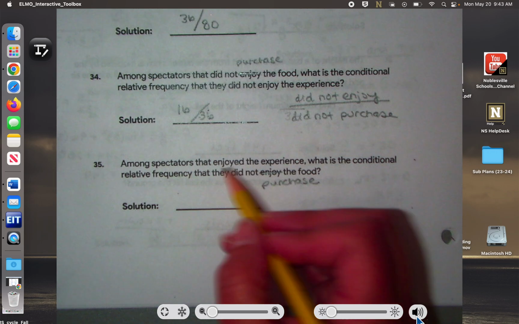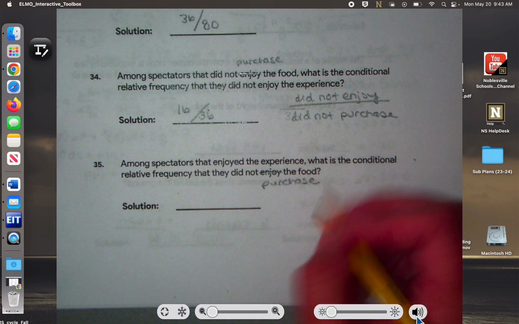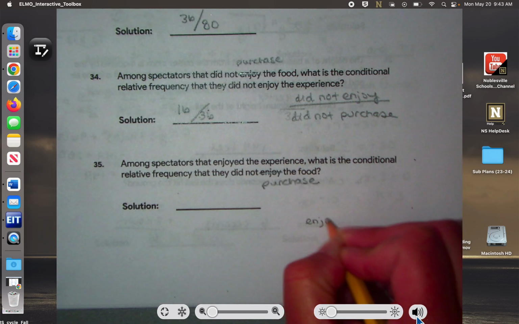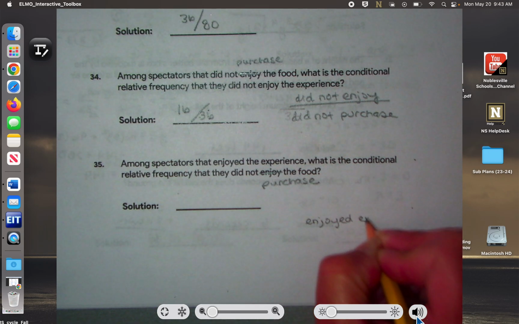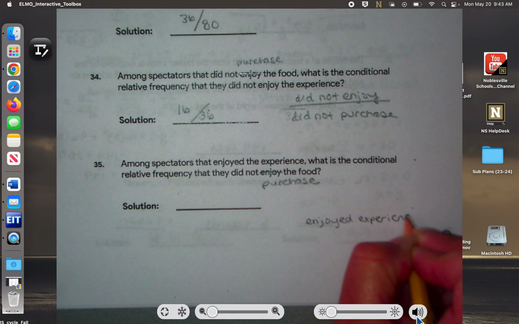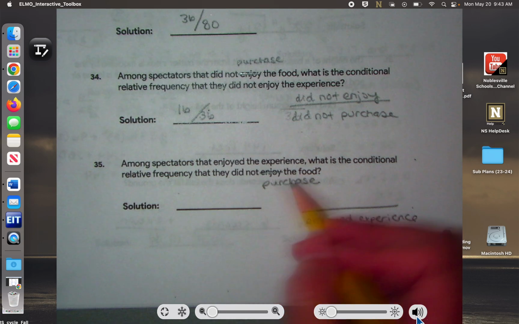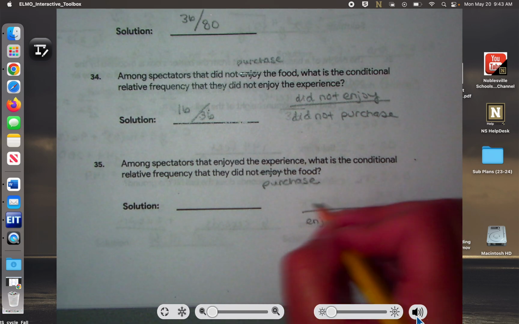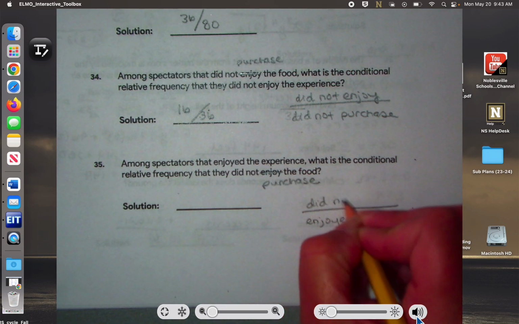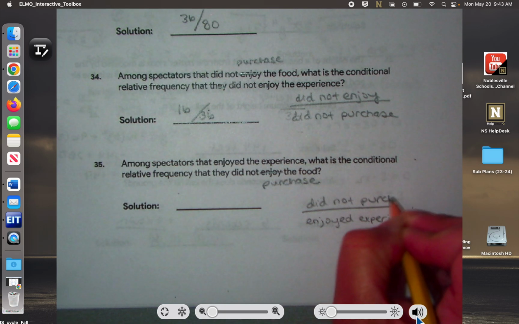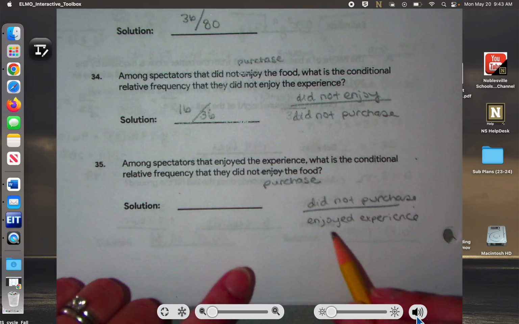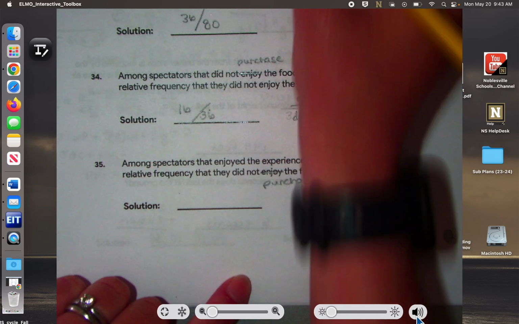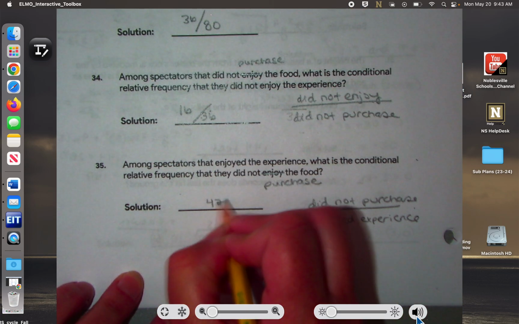Okay. So did enjoy the experience. And then did not purchase food. So we really just flip-flopped them. So how many did enjoy the experience? Well, there were 42 who enjoyed the experience.